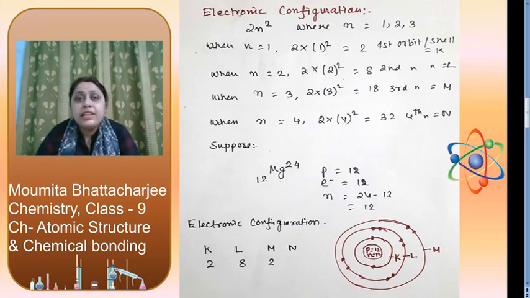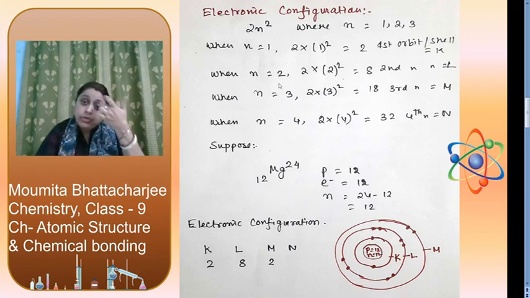Now I said, what is electronic configuration? Electronic configuration is the arrangement of the electrons in different cells, in different orbits. So there is a rule, the 2n square rule, where n is any integer 1, 2, 3 and so on. When n equals 1, by putting the value of n as 1, we get 2 into 1 square equals 2. So maximum in the first orbit, which is known as the K shell, 2 electrons can exist.